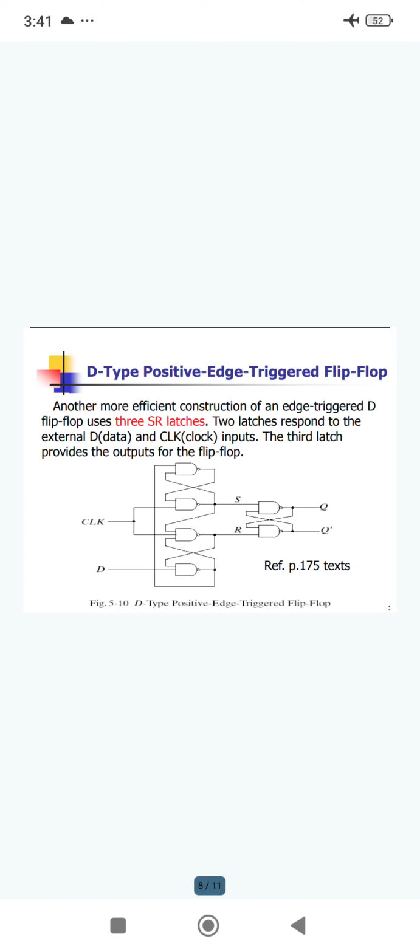S means set, R means reset. 2 latches respond to the external D data. D is data, and CLK means clock input. The 3 latches provide the output of the flip-flop. So this is the structure. Here we are connecting a D flip-flop this way. CLK is the clock.